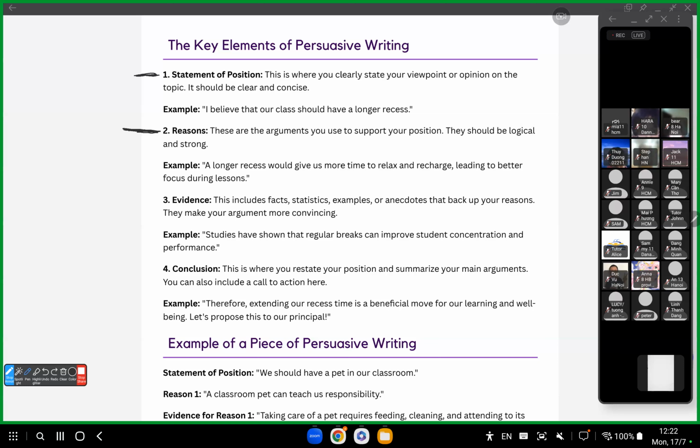So I was teaching a class about this the other day, and we were discussing possible arguments for school should start 1 hour later. And I remember reading this reason that I'd prepared before the class, and they were talking about strong reasons and weak reasons.